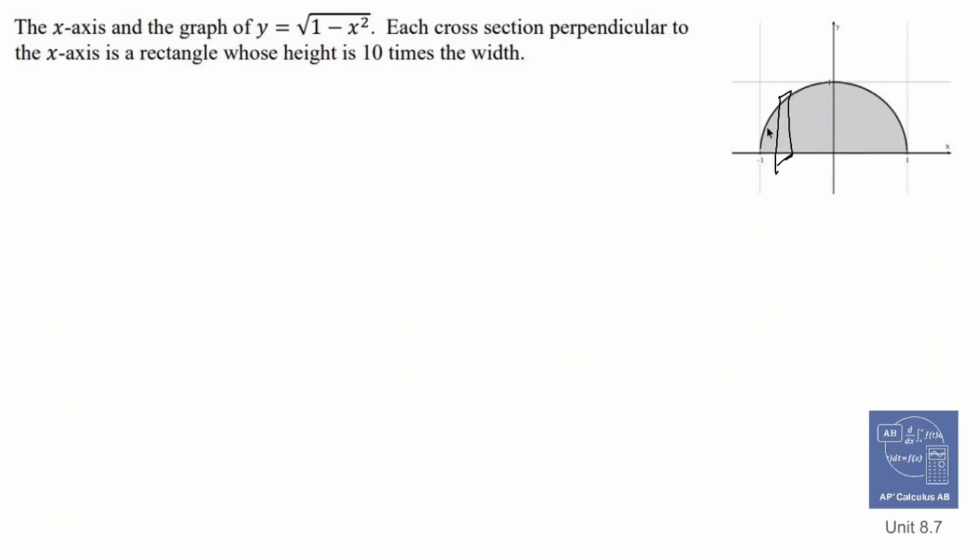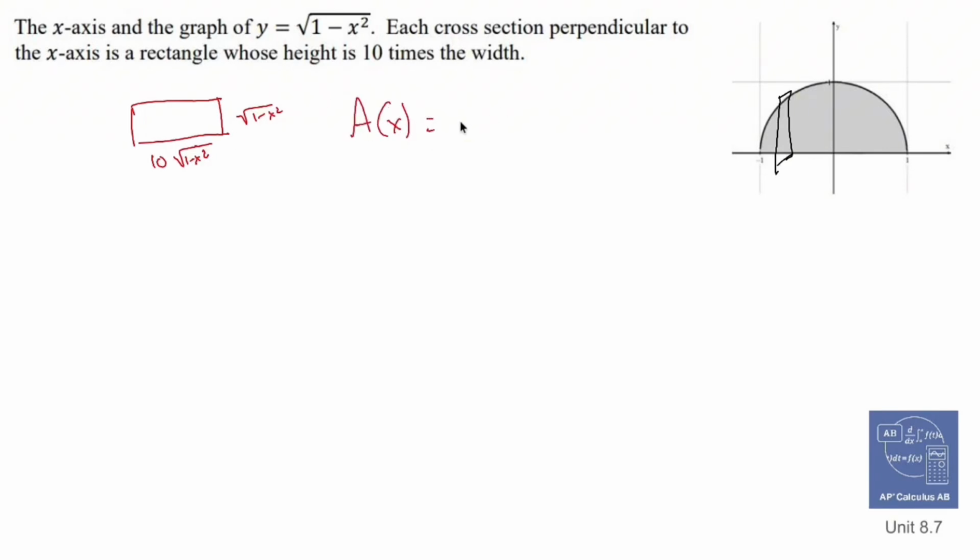What we're told is the width of this rectangle is the square root of 1 minus x squared. The height of it is going to be 10 times that, 10 times the square root of 1 minus x squared. Now, in order to find an area, you multiply the length and the width.